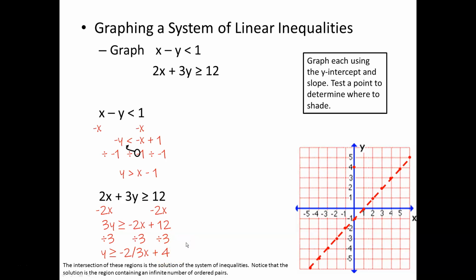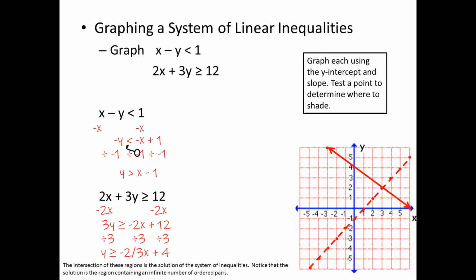And then we go down 2 over 3. And that's there, and then there, and there. And this time our inequality is greater than or equal to, so it's got the extra line. So our line is solid.